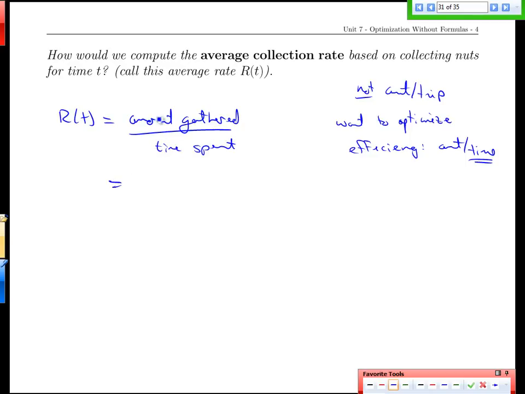And we just said that the F graph gave us the amount gathered, and we just said that we would take t time gathering, plus that tau value, which is how long we had to travel for. That ratio is our efficiency, or our average collection rate over time, average collection rate per unit time.